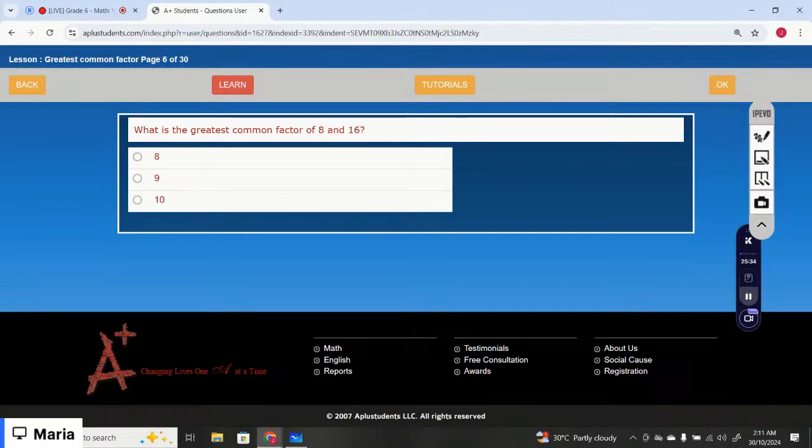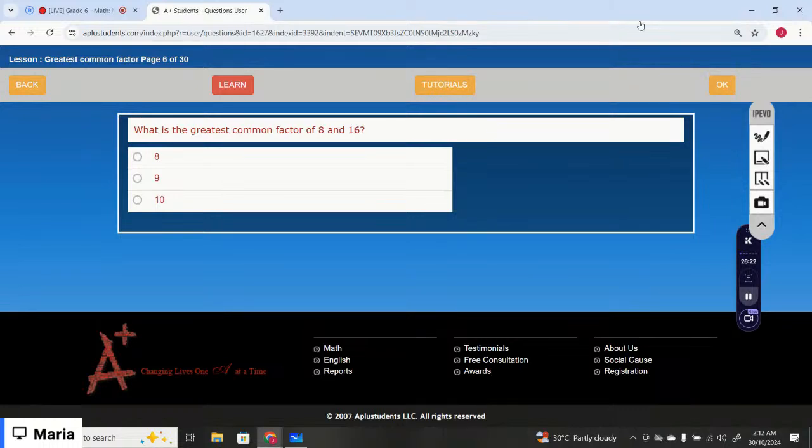What is the greatest common factor of 8 and 16? Which is the correct option? Which number evenly divides 8 and 16? 8 it is. 8 is the number that can evenly divide 8 and 16.